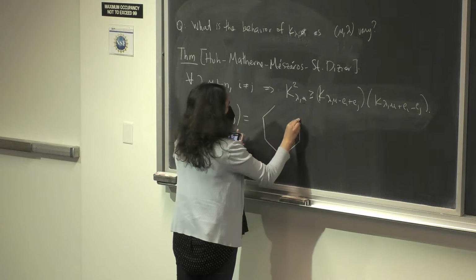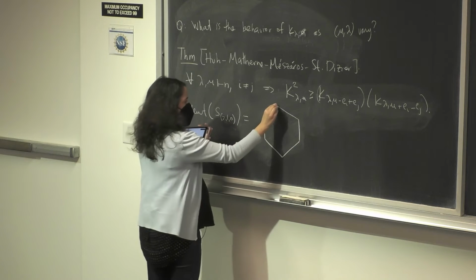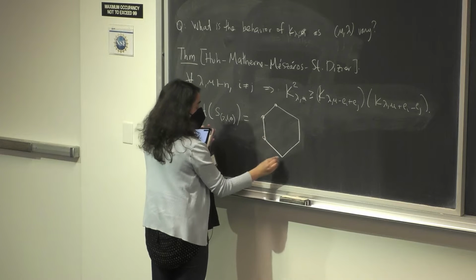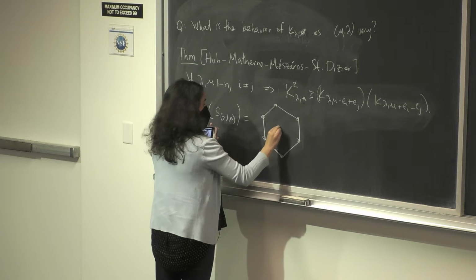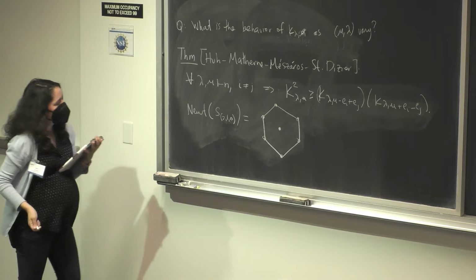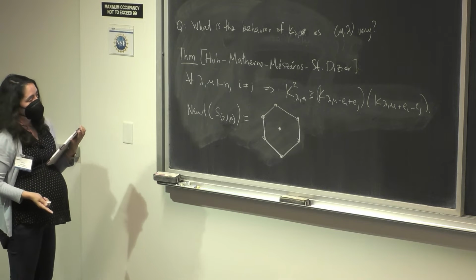But in this case, you just get a hexagon. I'll highlight the lattice points. Those are the lattice points of the Newton polytope of that Schur polynomial.